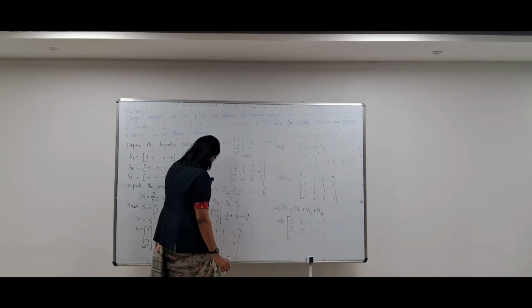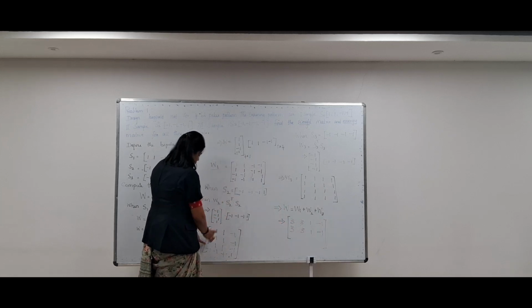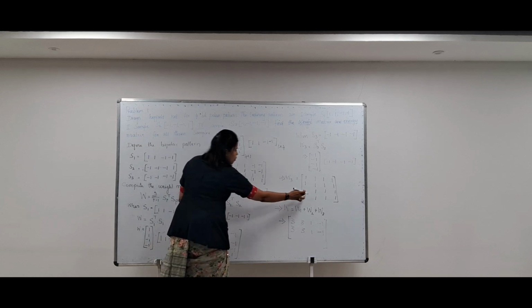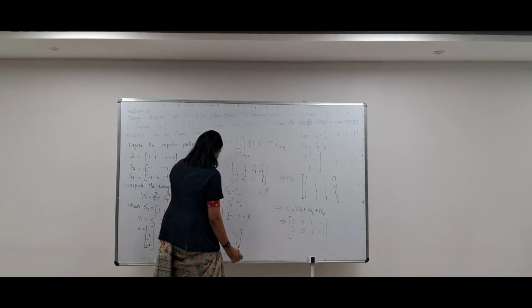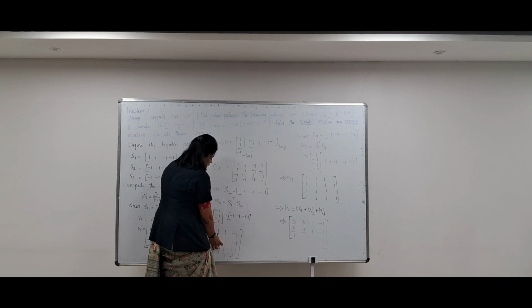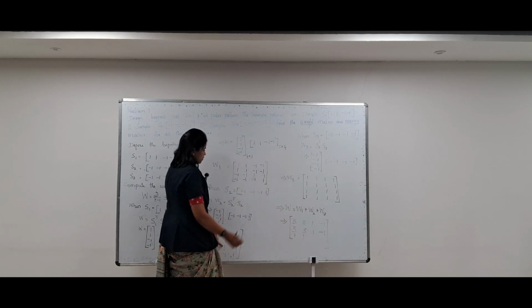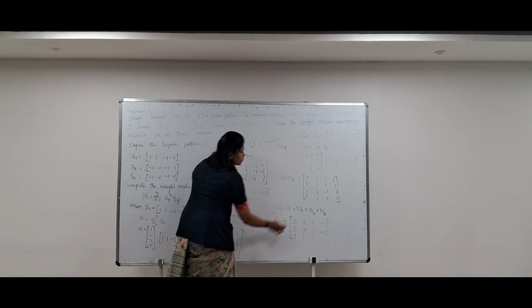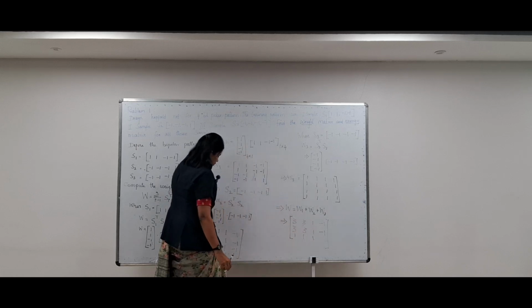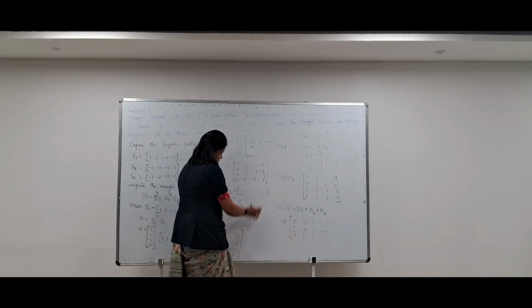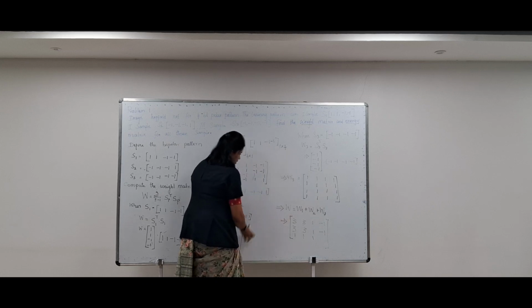Okay, so the next row, minus 1 and 1 get cancelled. 1 is remaining. Minus 1 and 1 get cancelled. 1 is remaining. Okay, so minus 1, 1 gets cancelled. 1 is remaining here. And again minus 1, 1. So 1 and minus 1 get cancelled.